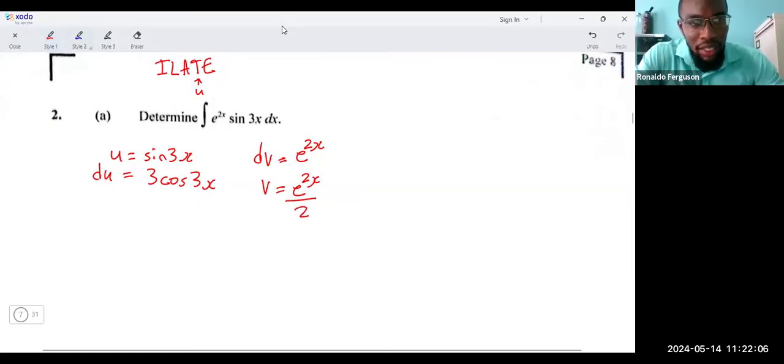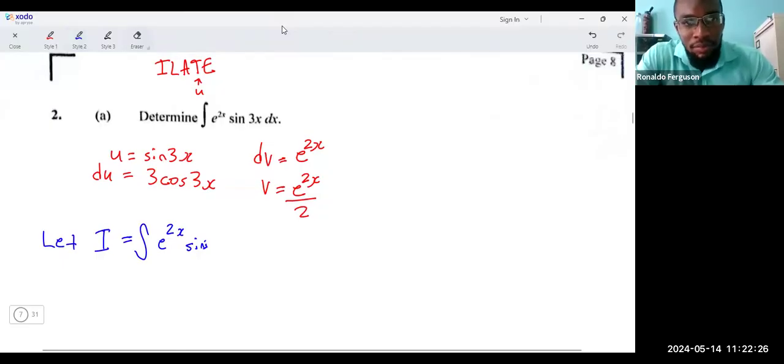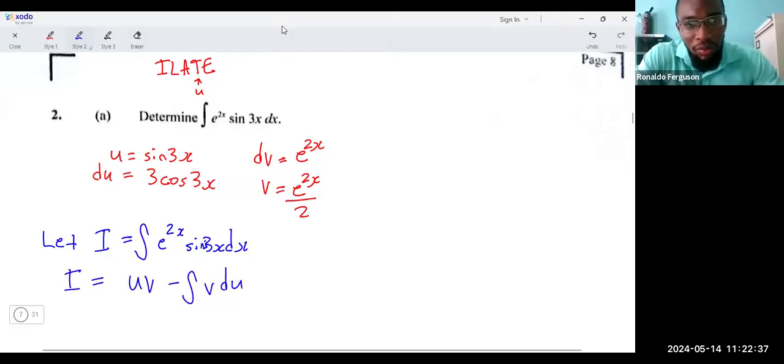So now we can go ahead and integrate it. I like to call my integrals I, but you don't have to. So I'm going to say let I equal the integral of e to the 2x sine 3x dx. So that means I is equal to uv minus the integral of v du.